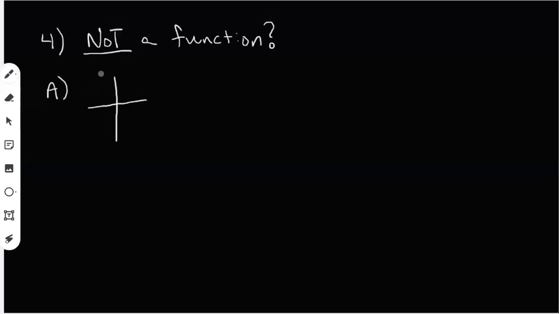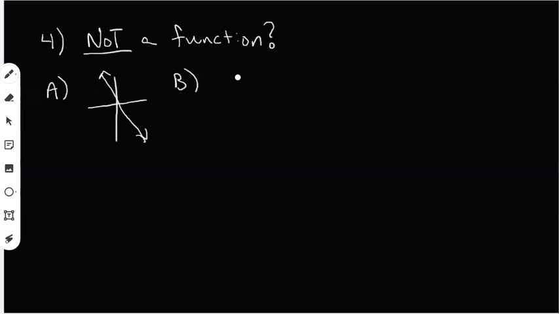For number 4, we're going to be determining which one is not a function. Three of these are going to be functions. One is not going to be a function. A is just going to be a line.